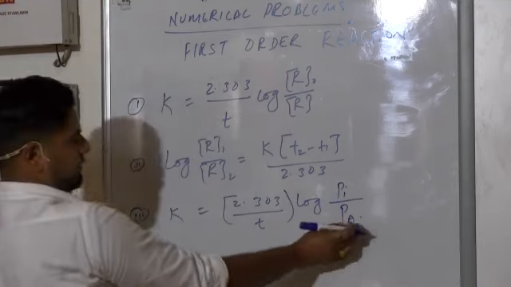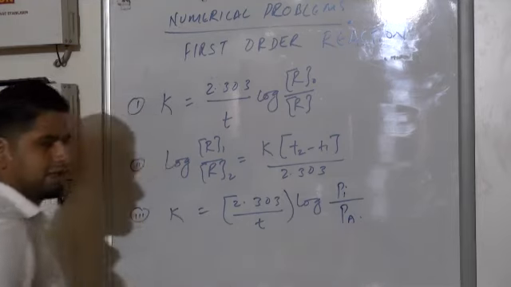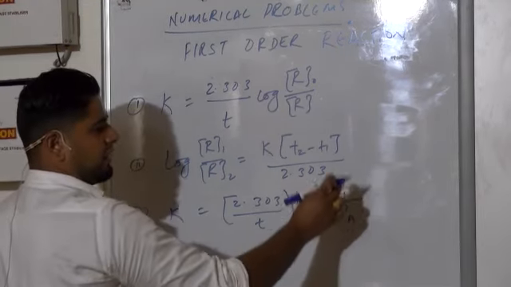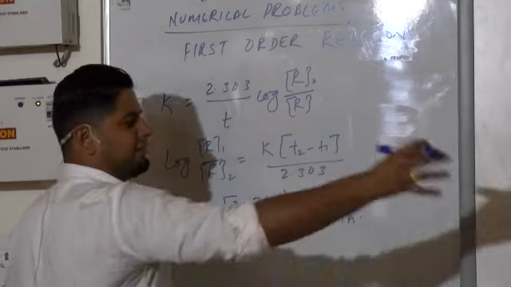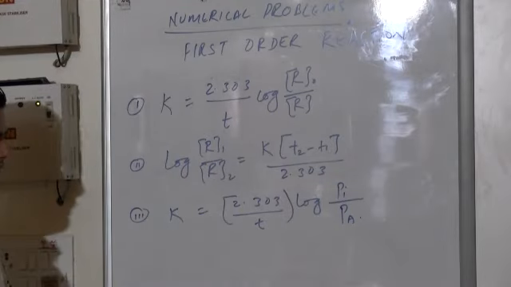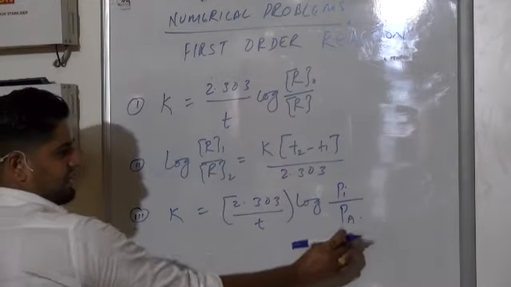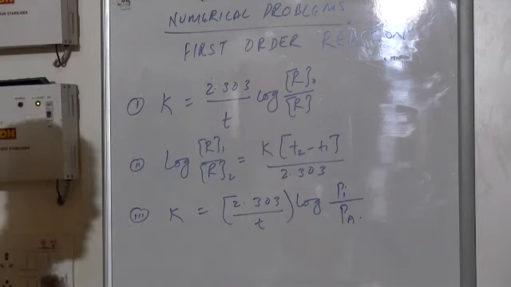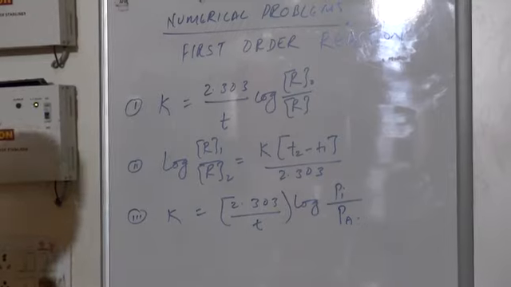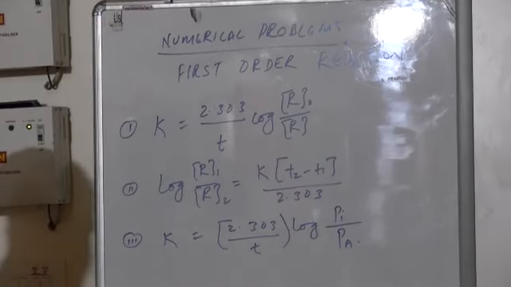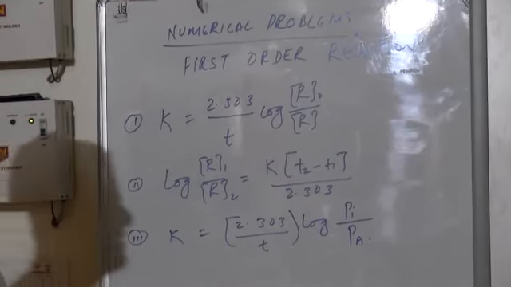Here P_A is the partial pressure of the given gas, and P_i is the initial partial pressure of that particular gas A. I am considering A as a gas. So we are going to use these formulas for doing numerical problems. We will start with a very simple one.